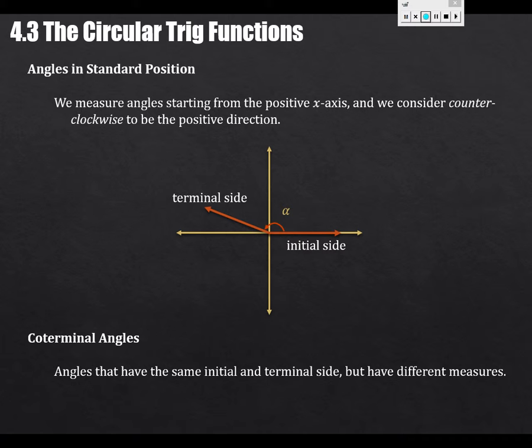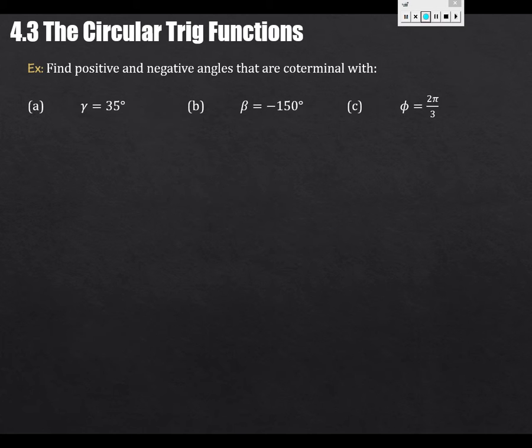So practice writing some coterminal angles to these angles, if you will. And you can practice your Greek letters along the way too. The first one's gamma. I think I showed you that one yesterday or the day before. And the second one's beta. What's the third one? Have you seen that one before?